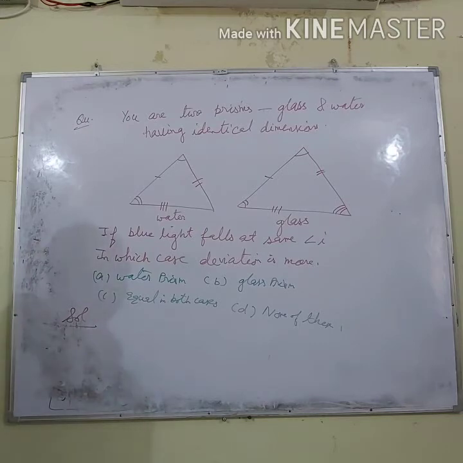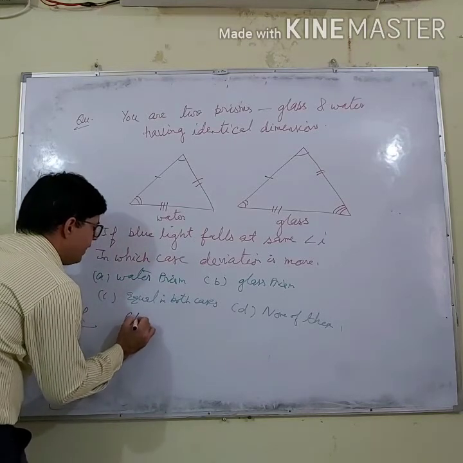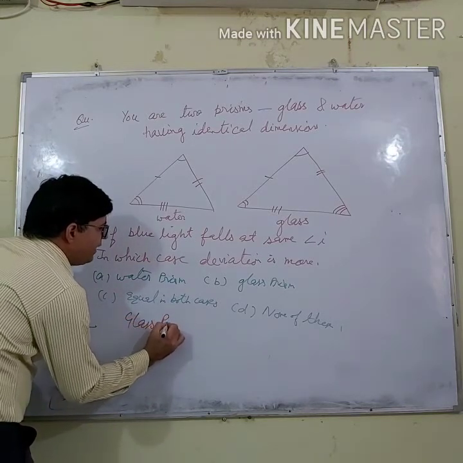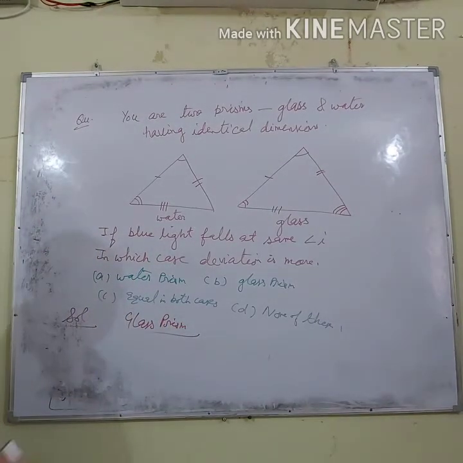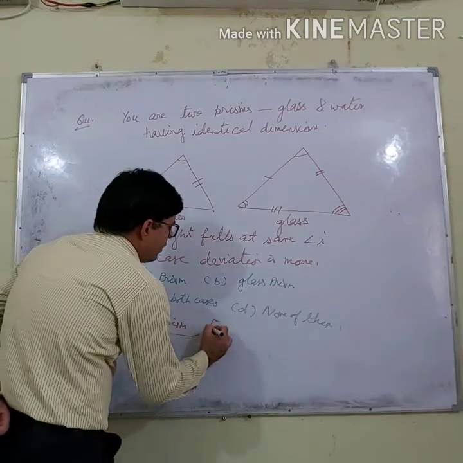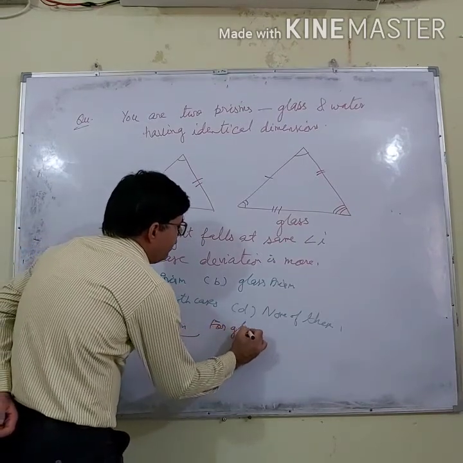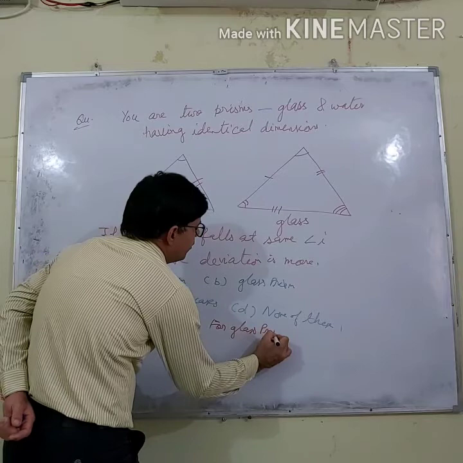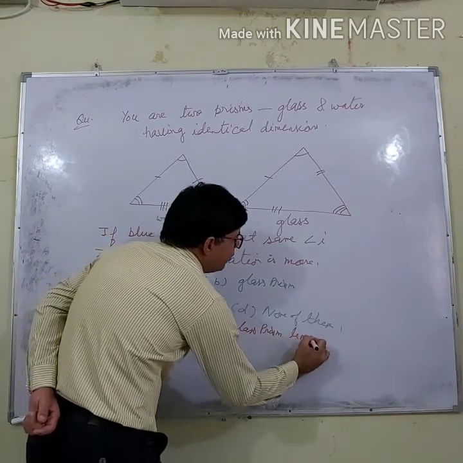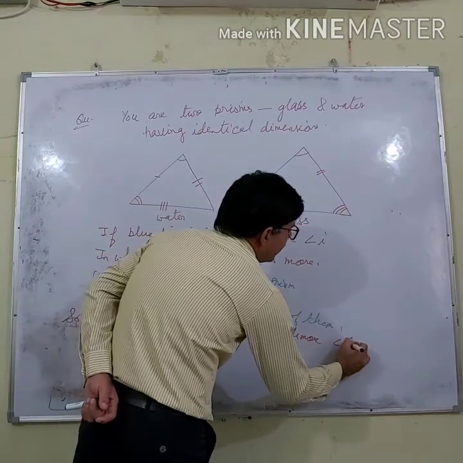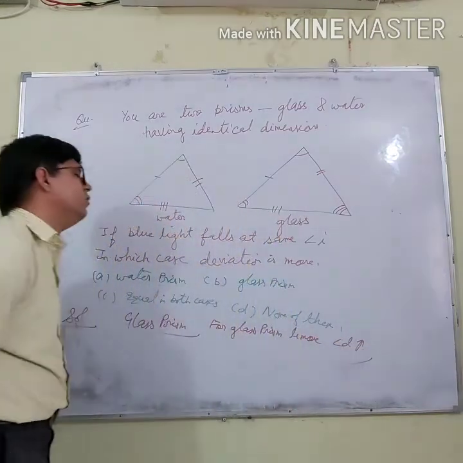The answer in this case is glass prism. Why glass prism? The reason is that for the glass prism, refractive index is more, so angle of deviation is also more.